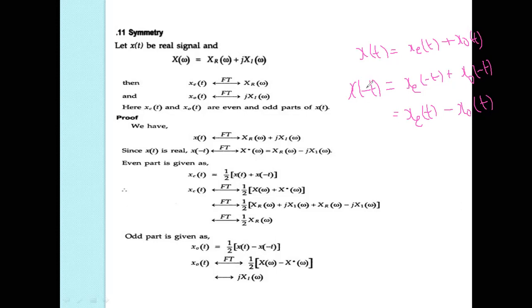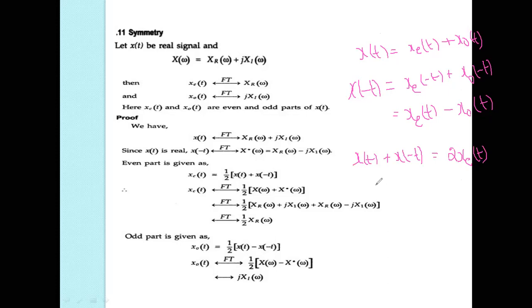Now I am adding these two functions, x of t plus x of minus t. What is x of t? xe of t plus xo of t. What is x of minus t? xe of t minus xo of t. When I add these two, xo of t and minus xo of t get cancelled, and we get 2 xe of t.